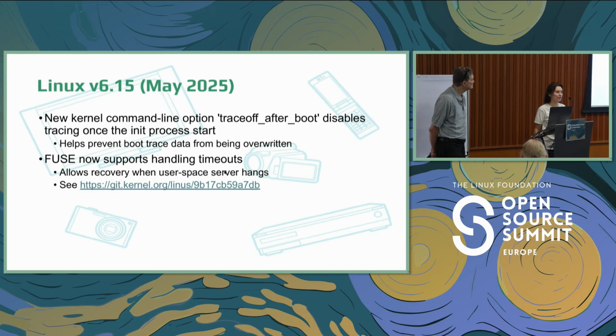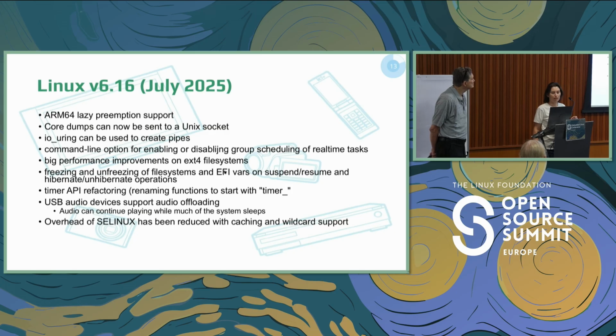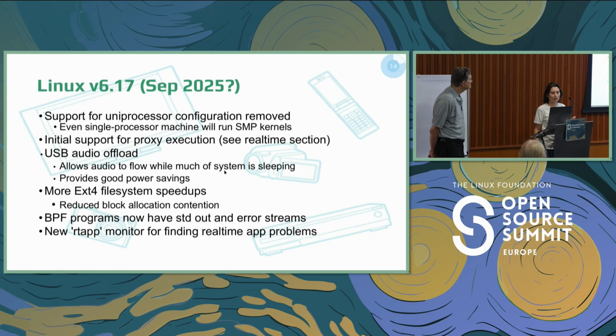So if user space hangs for a reason, there's a way to get out of the situation. 6.16, so latest up to date: lazy preemption on ARM64, core dumps that you can redirect to Unix sockets, and big improvements in ext4 file systems. Other things are also here on the slide for further reference.